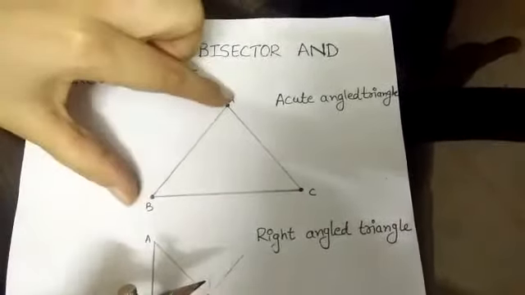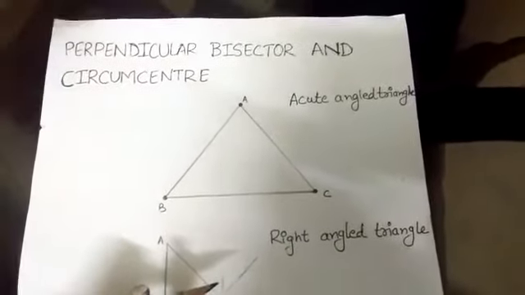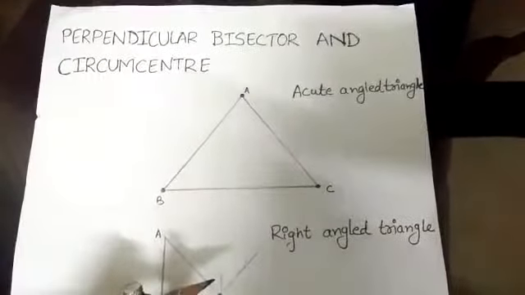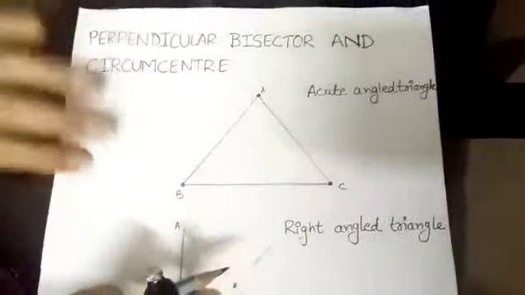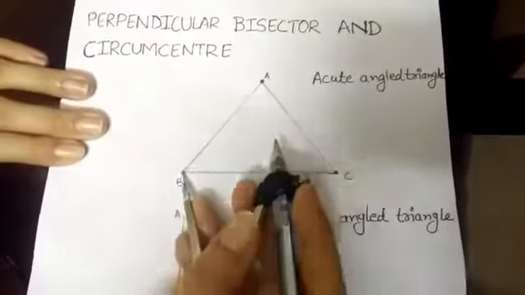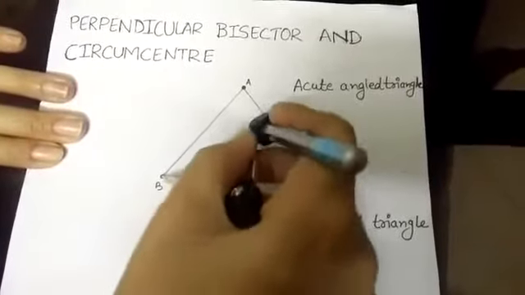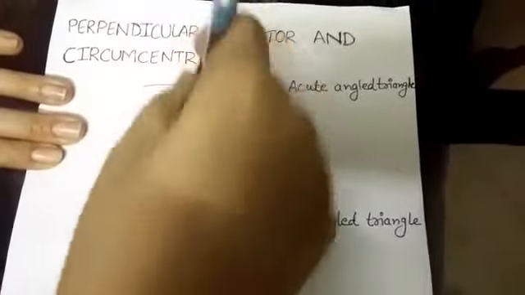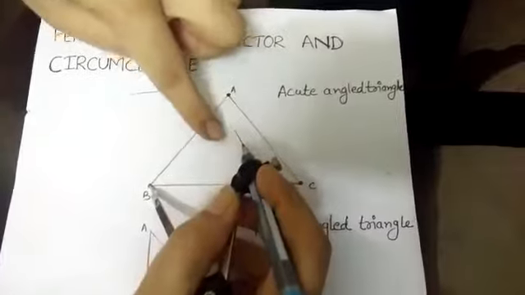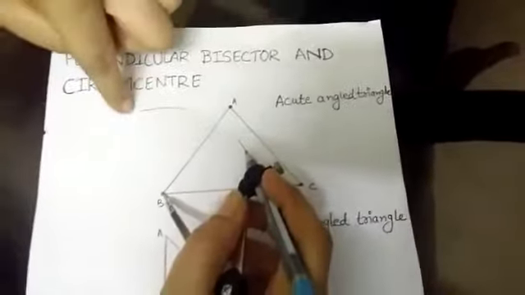Suppose if it is 5 centimeter, the half of 5 is 2.5 and you will open your compass more than 2.5, around 3. You can open the compass, keep the tip of your compass at B and draw an arc. One is on this side of the AB and one on the other side of AB.